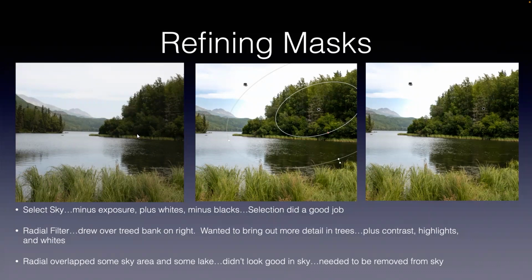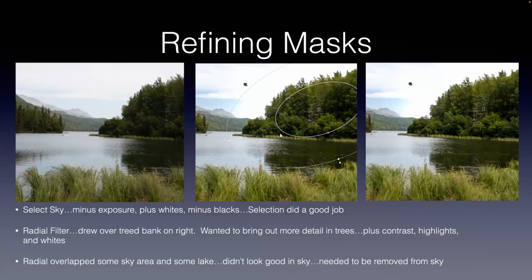And I decided I was going to go ahead and use the radial gradient. So I chose radial gradient and I drew out an oval and I placed it with the 100% effect in the middle of this tree area. And I went ahead and did my sliders, plus contrast, plus highlights, and plus whites.